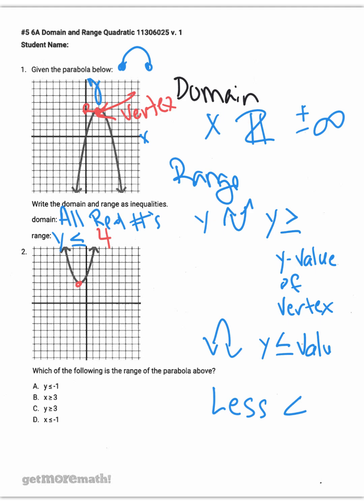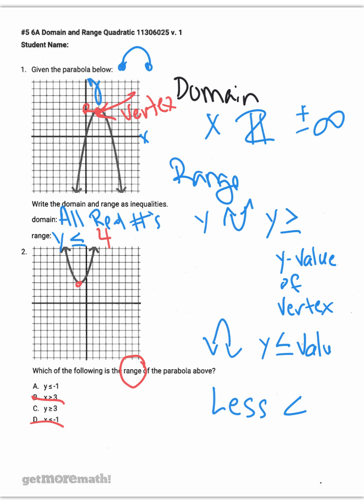Okay, number 2. Which of the following is... you scan the question and you're only looking for one word in that question. What's the most important word in the question? Exactly, range. Because it's range, is it X or Y? Y. So which two can I omit just from that information? B and D. Very good.